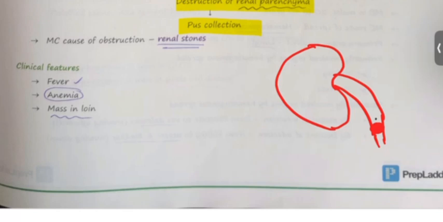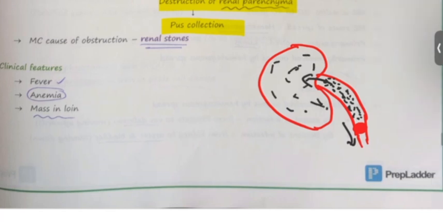Because of this, whatever urine or fluid was getting accumulated is stopped here, and this will reflux now. Whatever fluid has to go out from here is not going out, so everything is getting accumulated here. That leads to enlargement of the kidney.